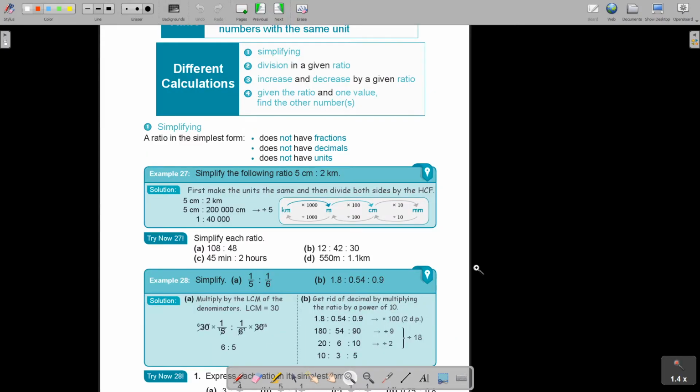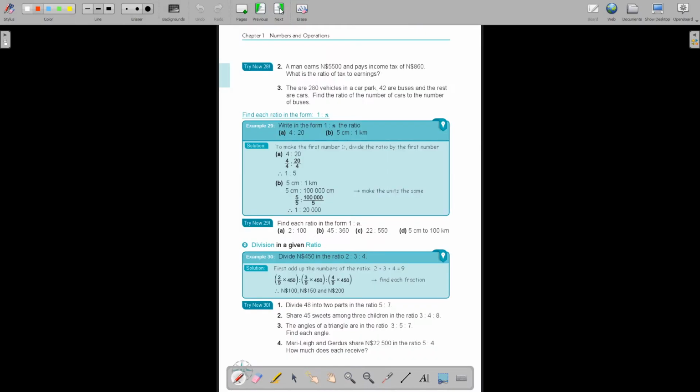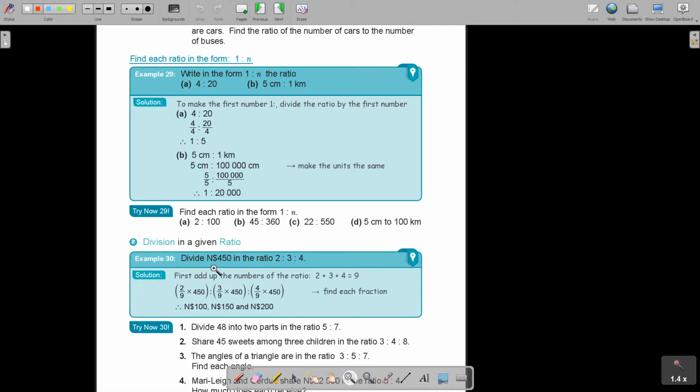That's just simplifying. Okay. Then there's a second one, and that is division in a given ratio. But then they will give you the total. That is very important. So if you look, as I revise, division, here it is. I'm giving you the total, and I want you to divide it in the ratio 2 to 3 to 4.